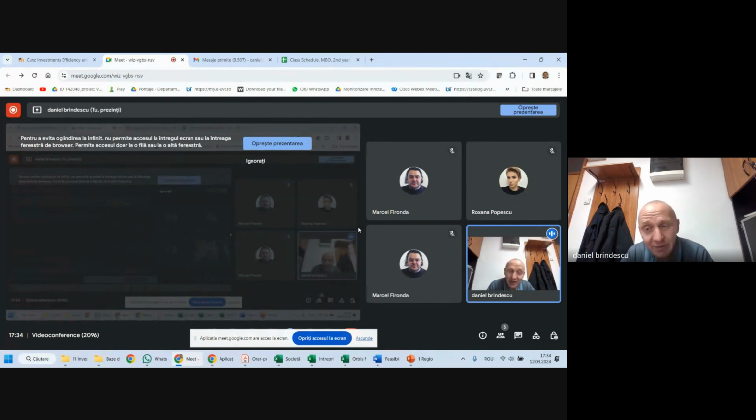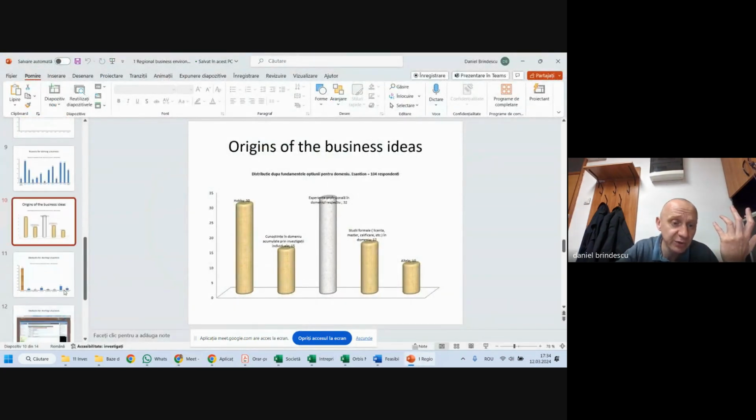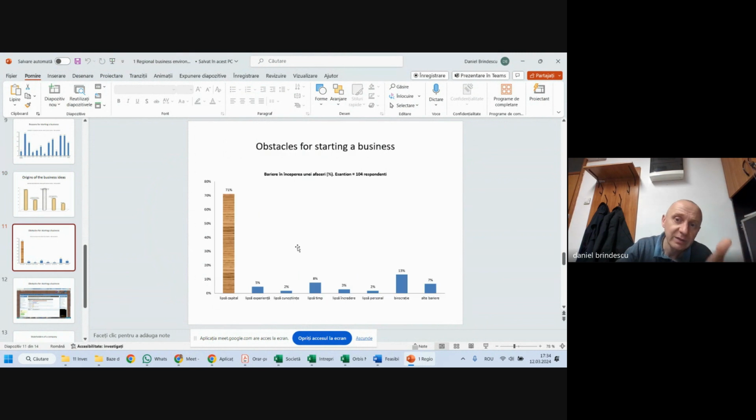In many cases, we have tried to find those barriers, especially to be able to find solutions to help people. This is again one example of statistics.